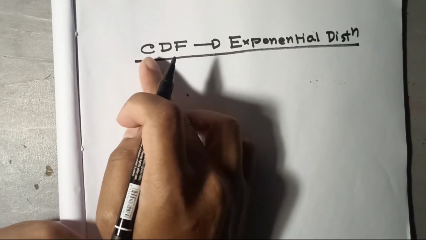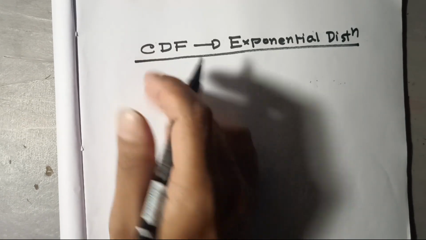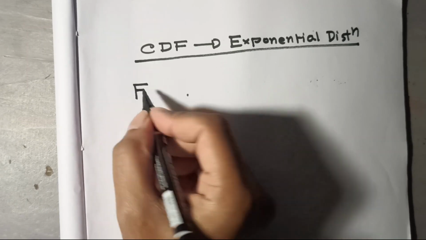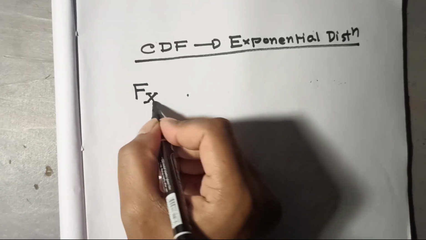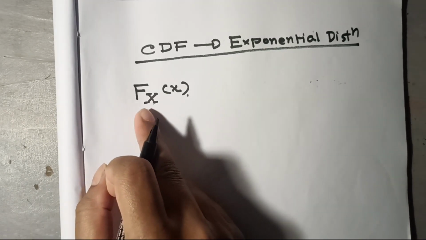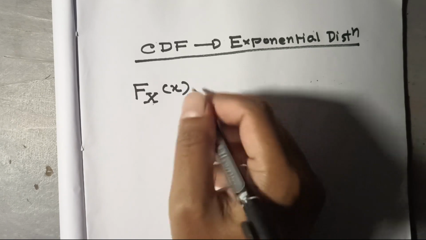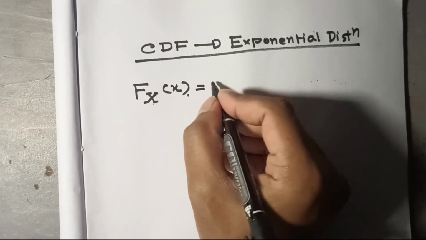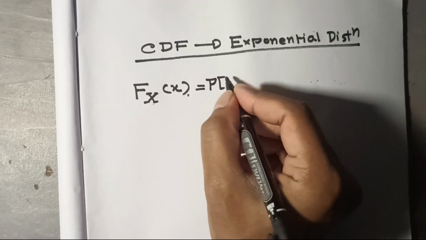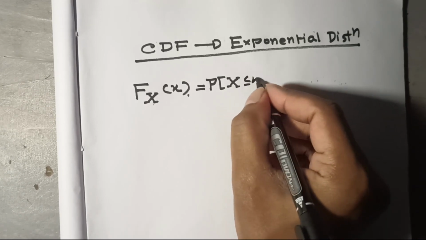As you know, the CDF, or cumulative distribution function, is denoted like this: F of capital X given a small x, where capital X represents the random variable and small x represents the observation, and it is equal to the probability of capital X less than or equal to small x.